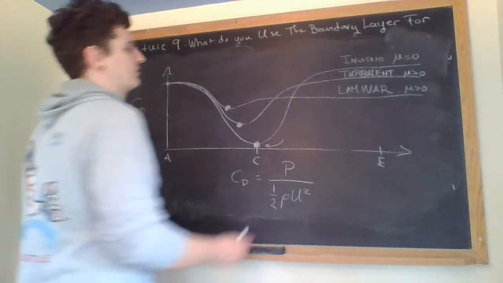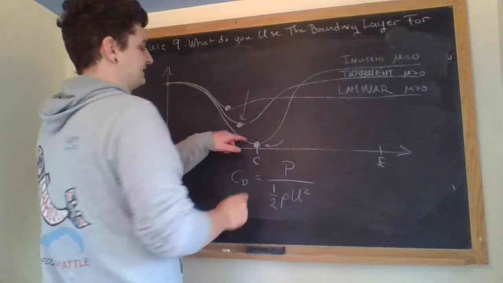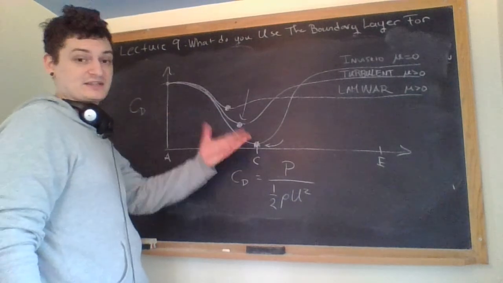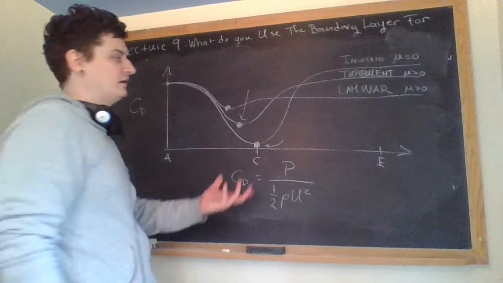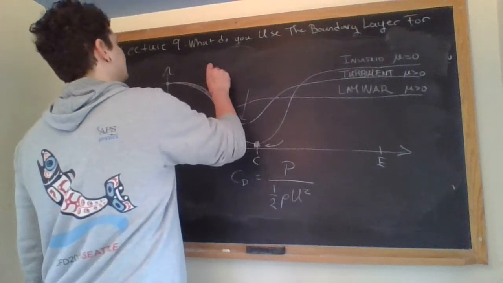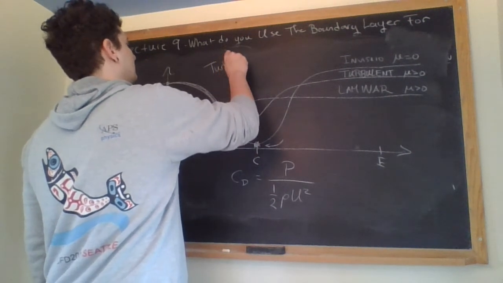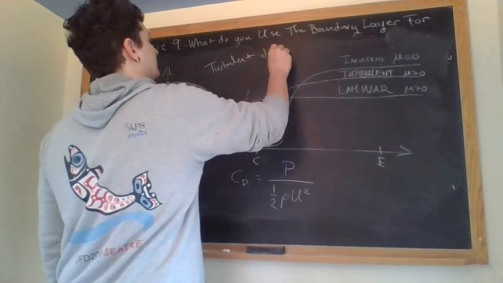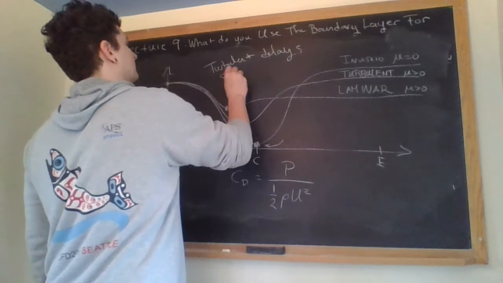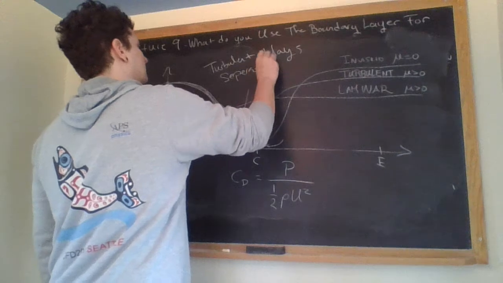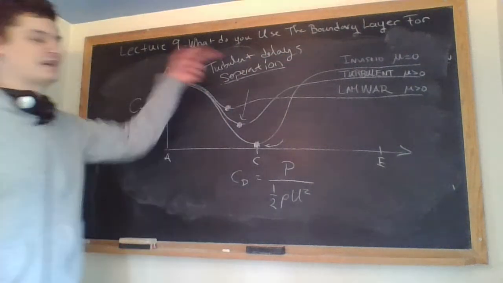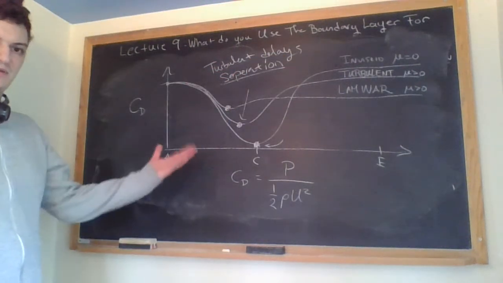The important point is that the inviscid case never happens. There is a surface, so this can't happen. But the idea you come away with is that turbulence delays separation when compared to laminar.